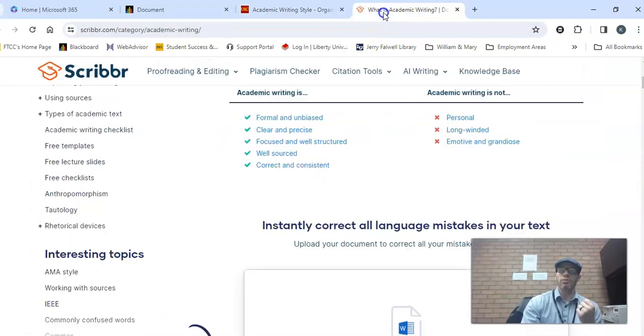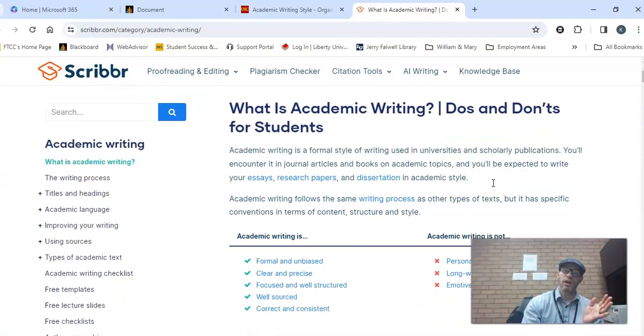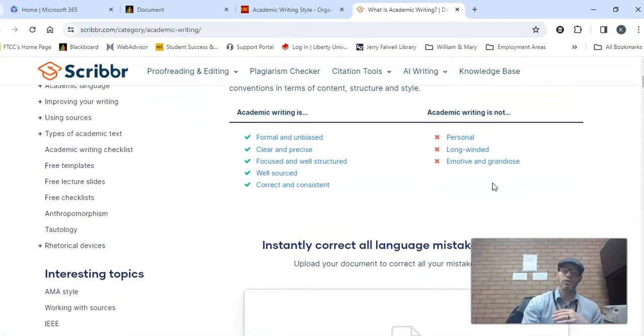The other one is, what is academic writing from Scribner, and this provides some basic things for you as well. That points out that academic writing is formal and unbiased, it's clear and precise, focused and well-structured, well-sourced, meaning that they use a lot of references to justify the claims that they make, to support the claims they make. It's correct and consistent. It's not personal, long-winded, or emotive and grandiose. Okay, emotive meaning it doesn't contain emotional statements in it.